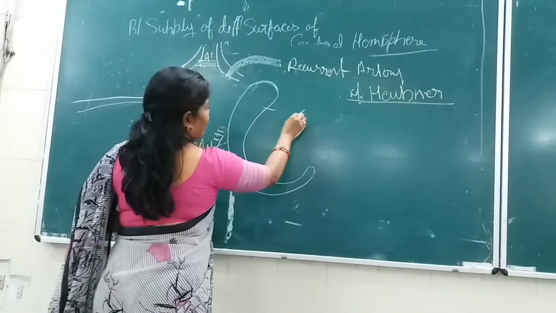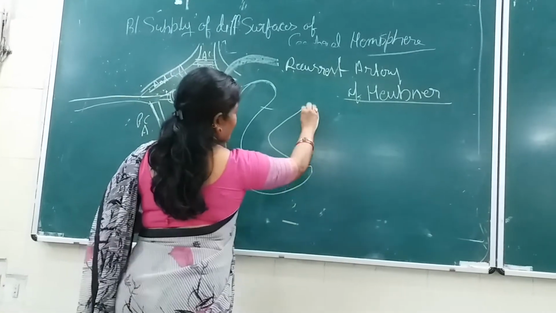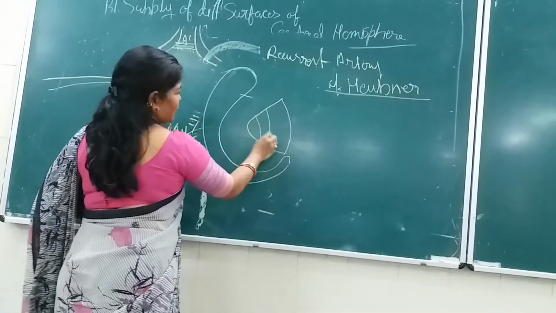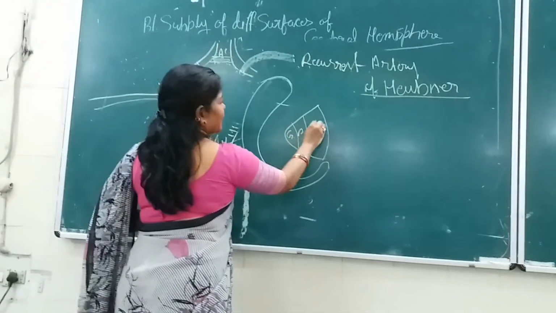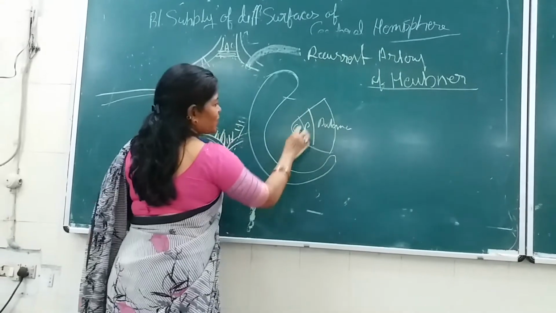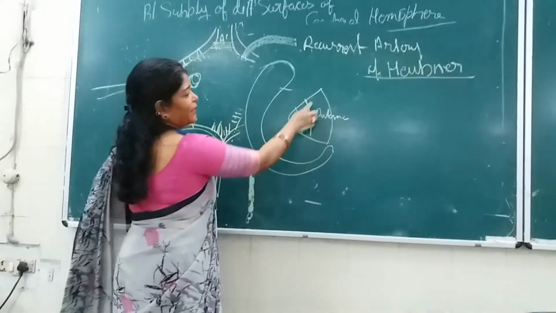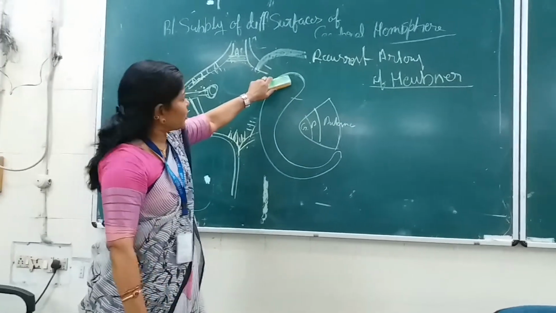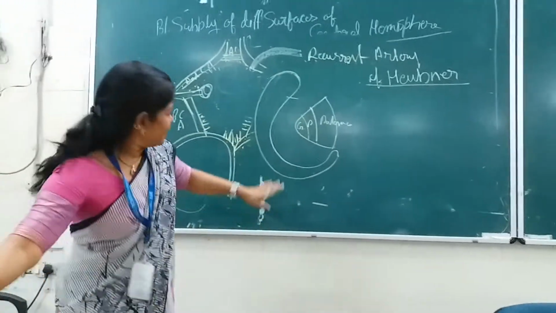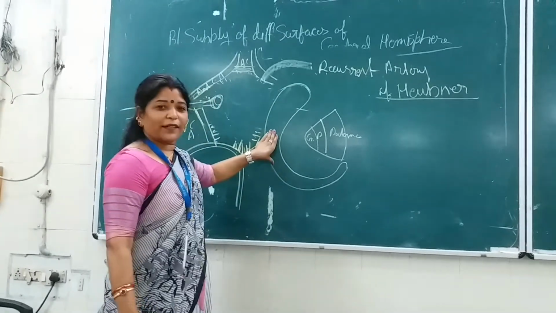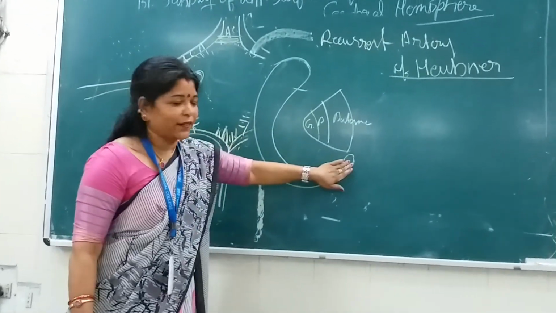Here is the lentiform nucleus, which has the globus pallidus and the putamen. This is the head of the caudate nucleus, this is the body, and this is the tail.